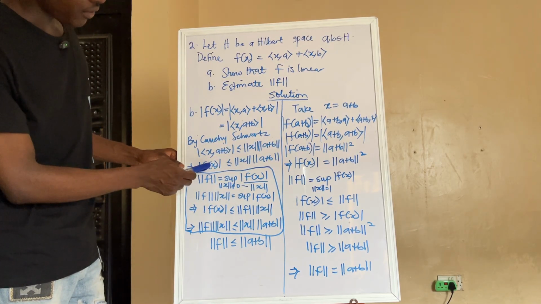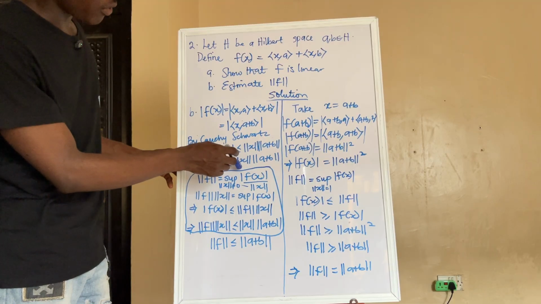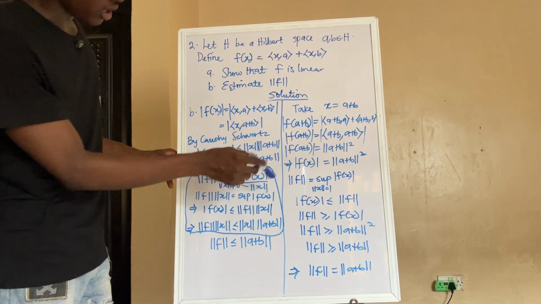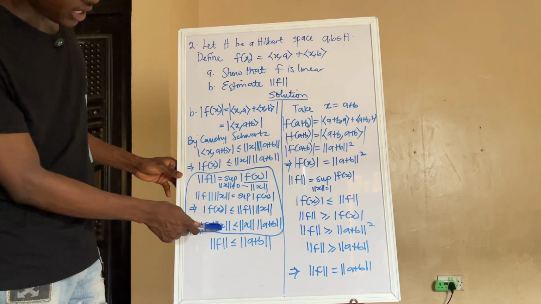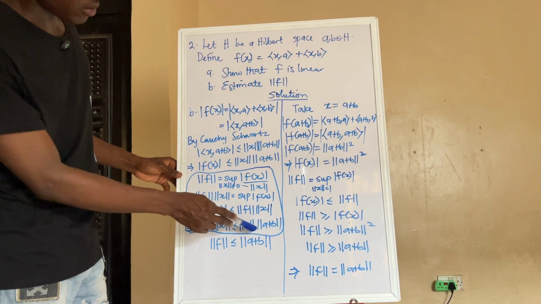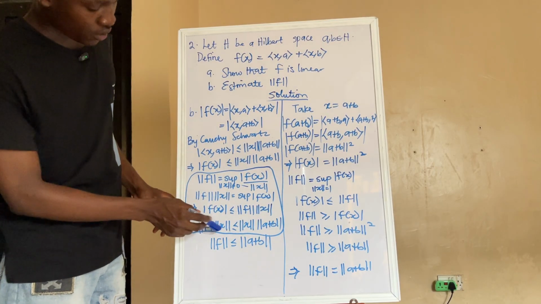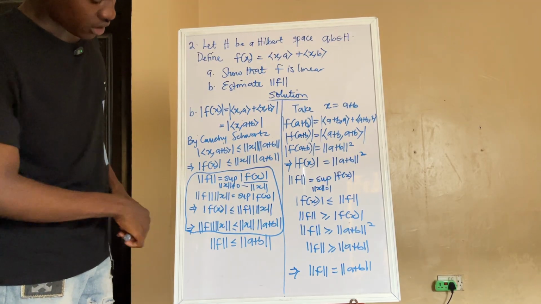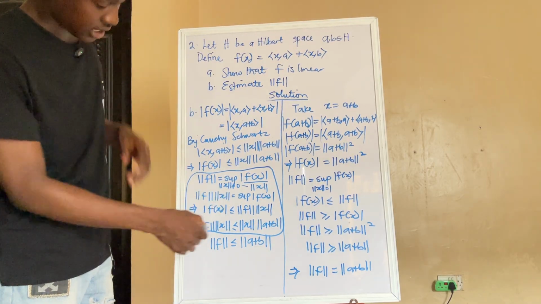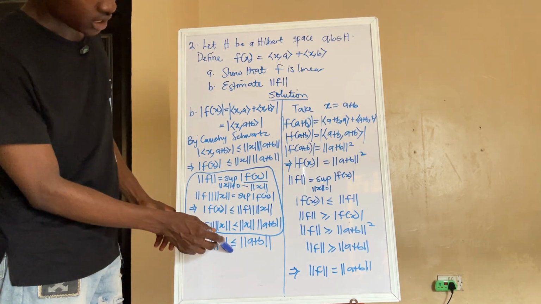And since f of x is less than or equal to norm of x times norm of a plus b here, that implies that norm of f times norm of x is also less than or equal to norm of x times norm of a plus b. So since norm of f times norm of x is less than or equal to norm of x times norm of a plus b, we can now divide both sides by norm of x and have norm of f less than or equal to norm of a plus b.